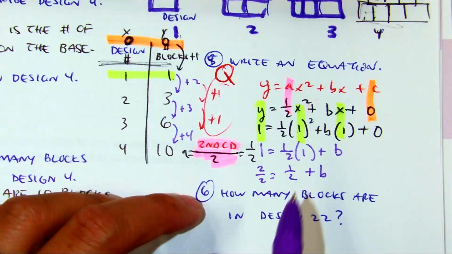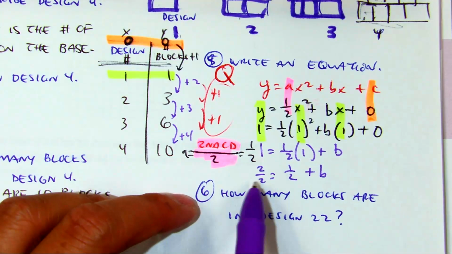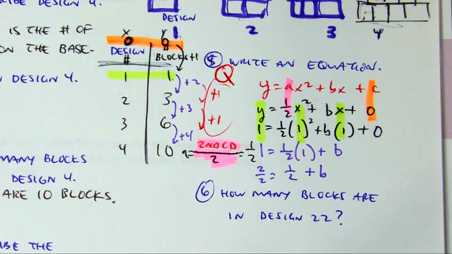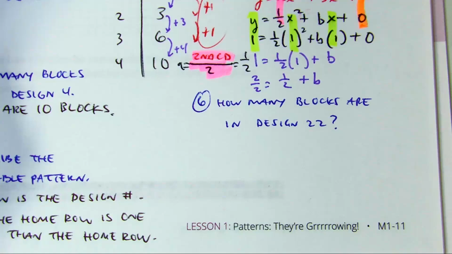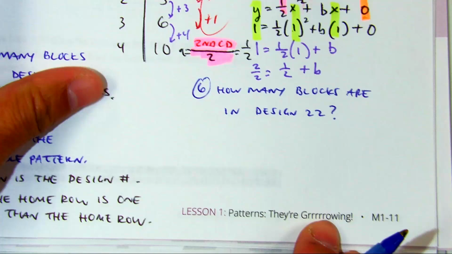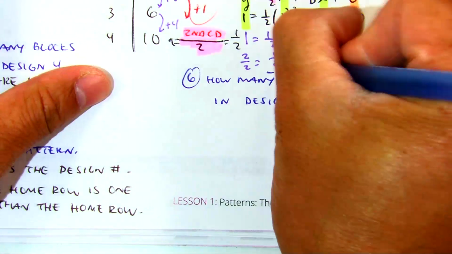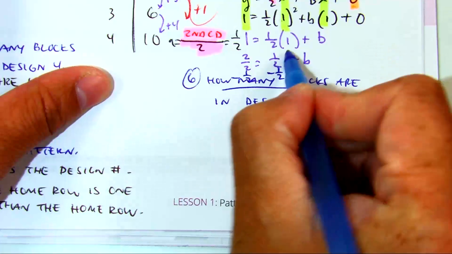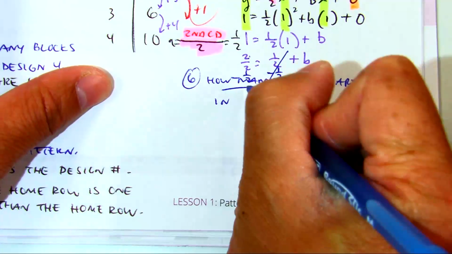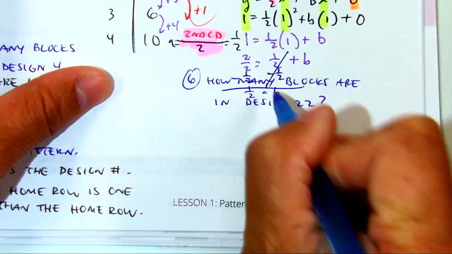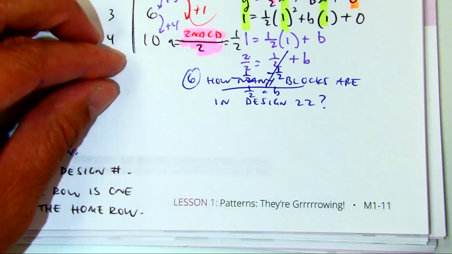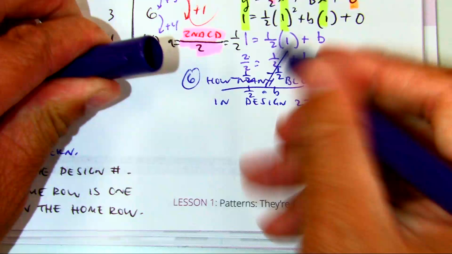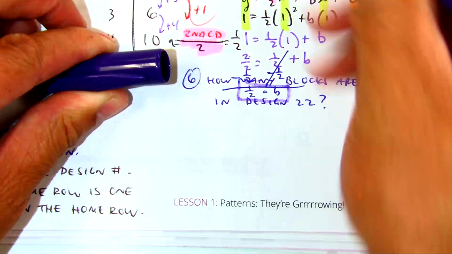And I did switch the 1 to 2 over 2. Why do you think I did that? It's so that we can just subtract the 1/2. Then you will get 2 minus 1 is 1/2. So b is equal to 1/2. That b value goes right here.